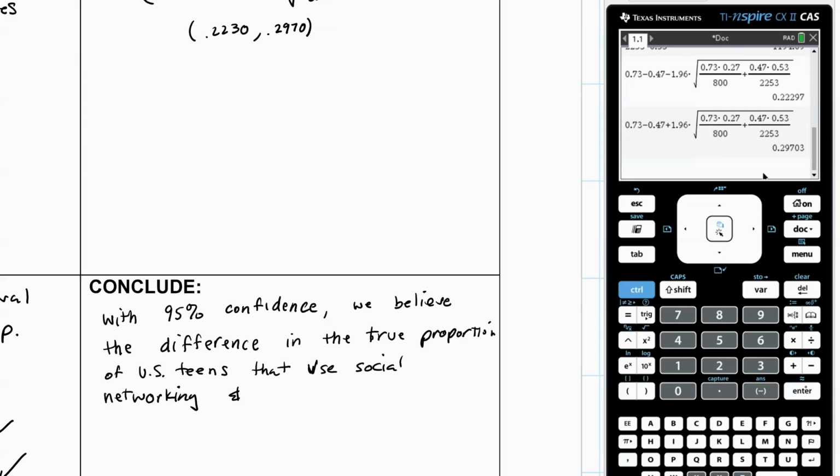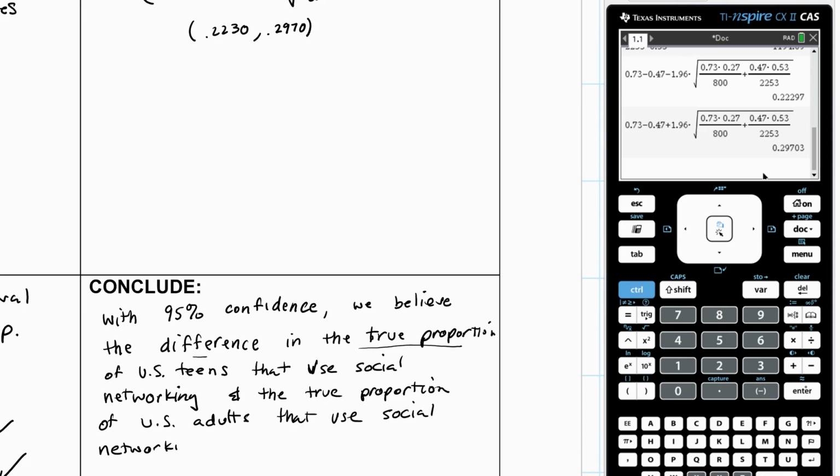And so the difference between this true proportion and the true proportion of US adults who, or that, use social networking is between 0.2230 and 0.2970.